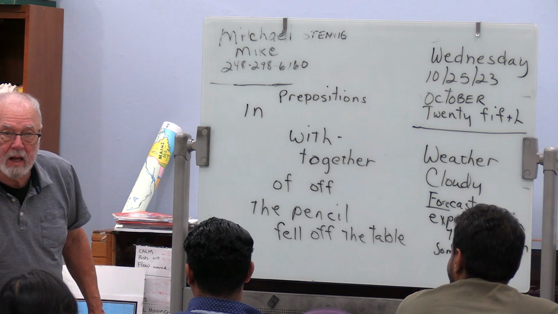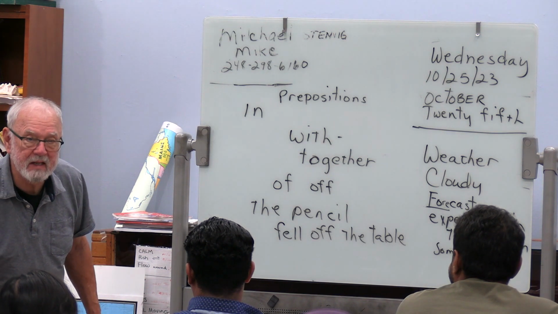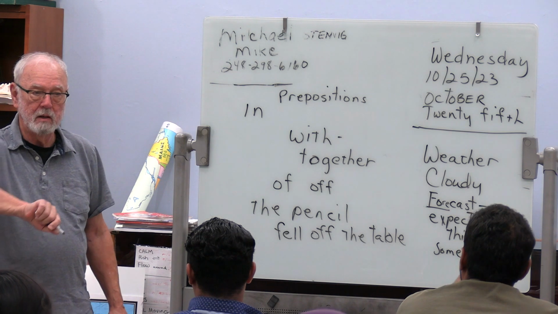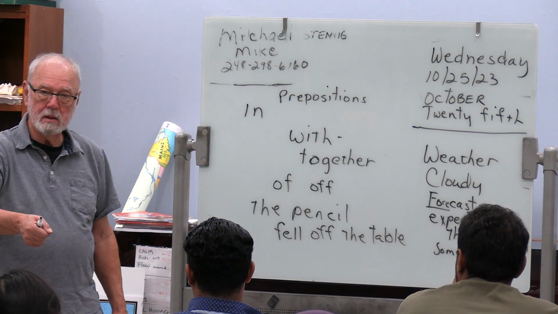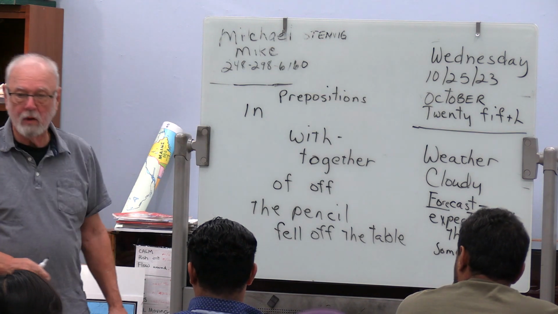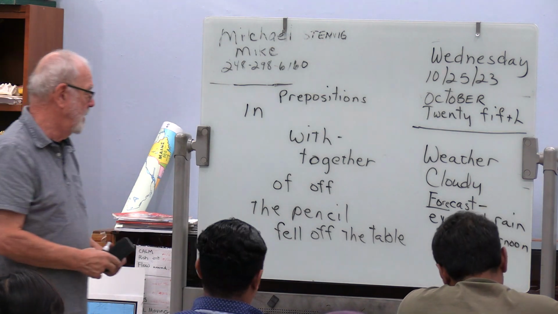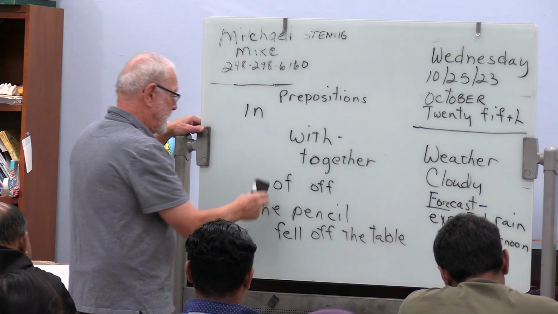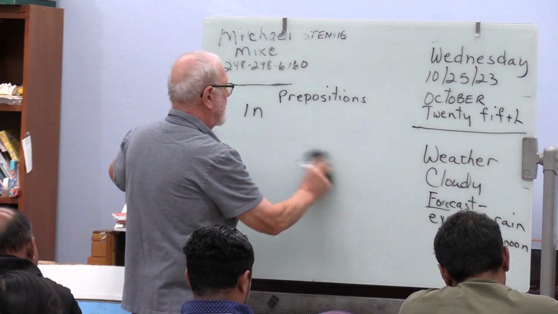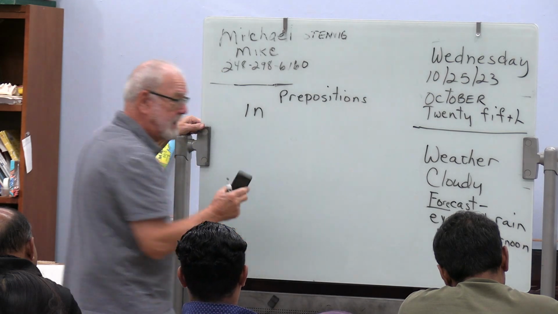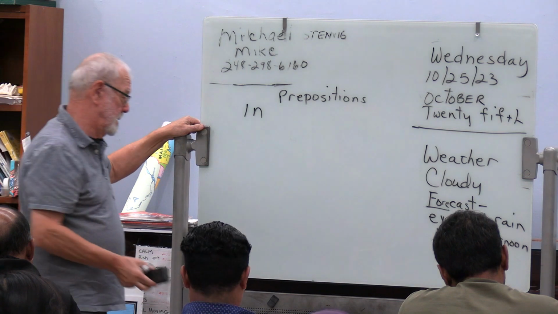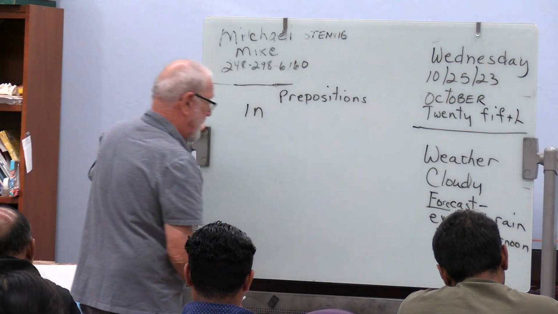The pen is on the table. The pen is off the table. On, off. Your stove, turn on, turn off. The lights turn on, turn off. There's lots of prepositions, but these were the ones from yesterday, so I wanted to show that.